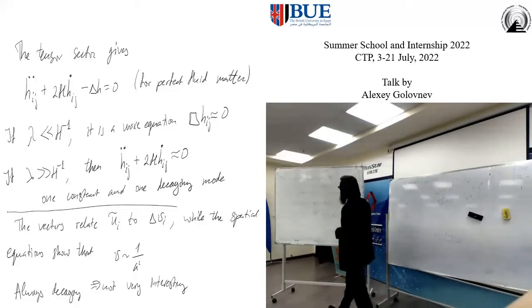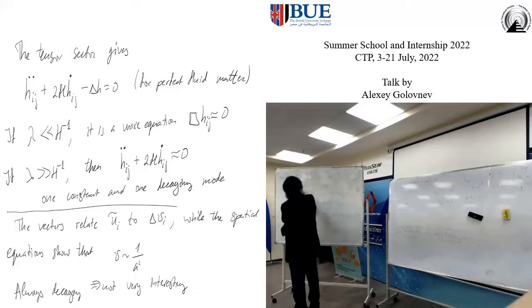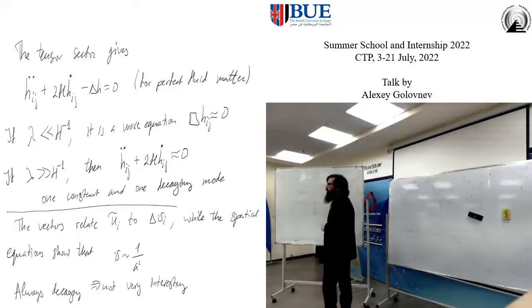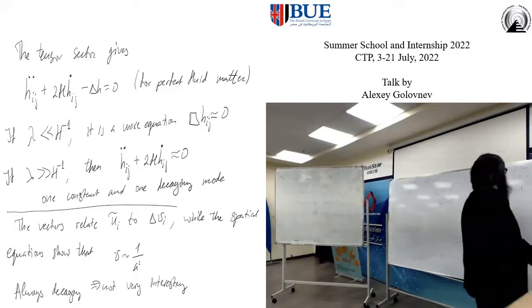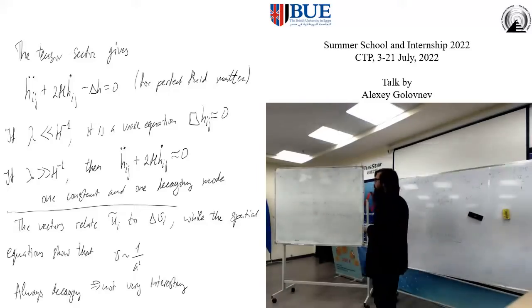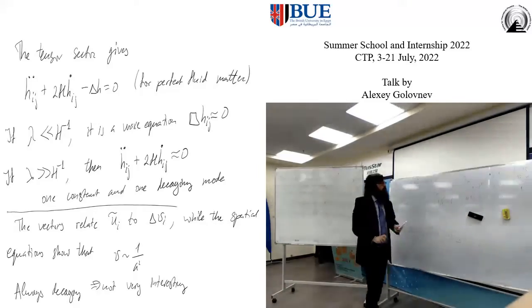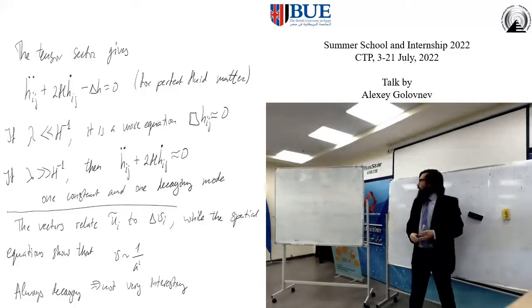Next thing here is the vector perturbation. First of all, I can find it here in the mixed components. And in the mixed components, the vector perturbation will be related to the rotational flow of matter by the mixed components of the field equations. Again, some kind of constraint. Again, the vectorial mode is not dynamical. It gets constrained to this velocity here.